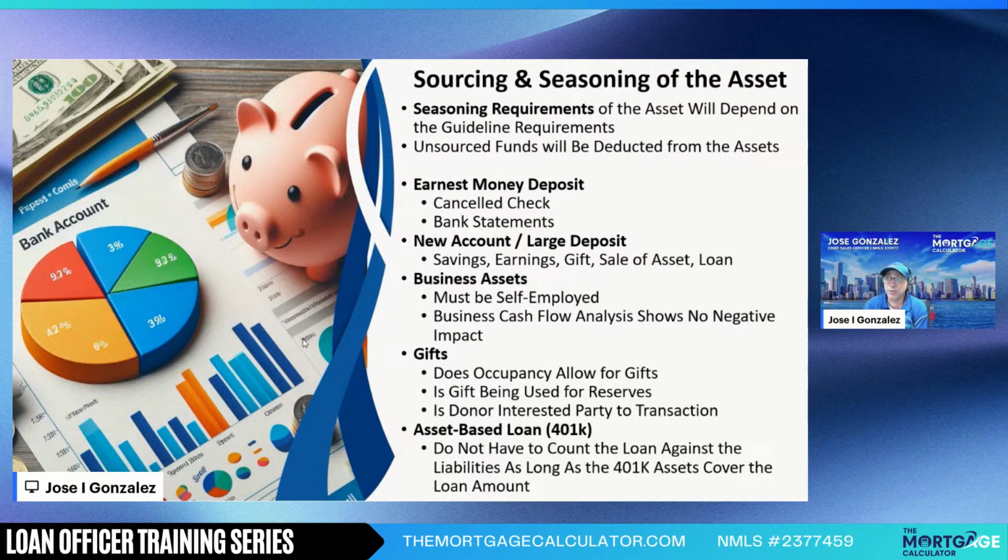If the borrower is using business assets as part of the funds to close, obviously they must be self-employed. They have to have access to the assets. If there are more than one owner of the business, you will need a funds access letter signed by the other partner or partners.